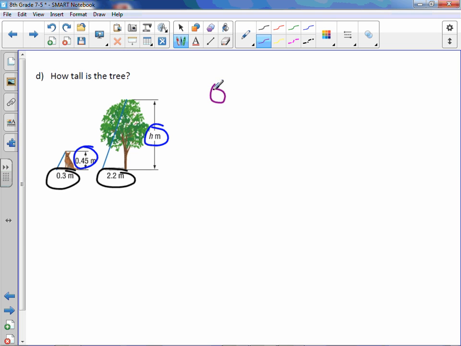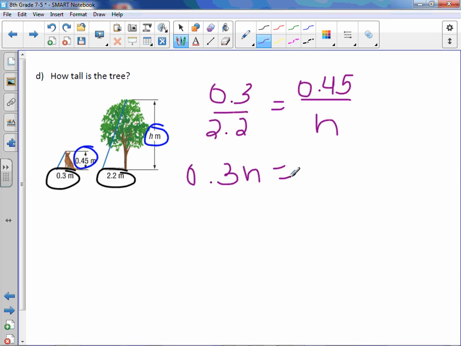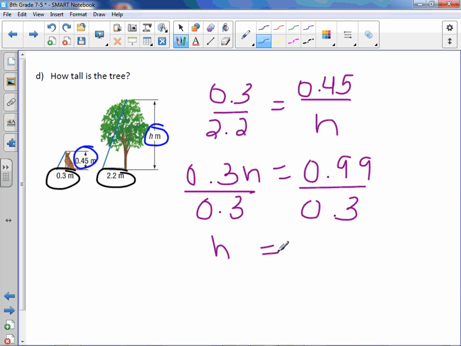So we have 0.3 to 2.2 equals 0.45 to H. Cross multiply. 0.3H equals 0.99. Divide by 0.3. H equals 3.3. And once again, we are measuring in meters.